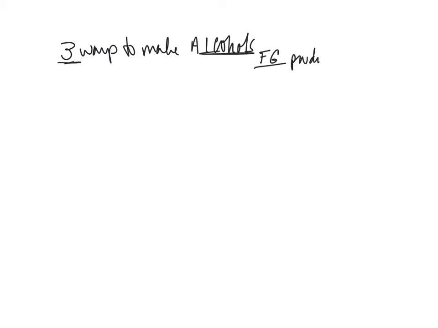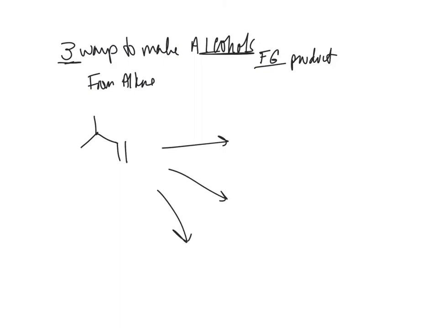So, from an alkene. If we have this alkene here, and we have three ways to make an alcohol. This is kind of just regrouping your POGL.